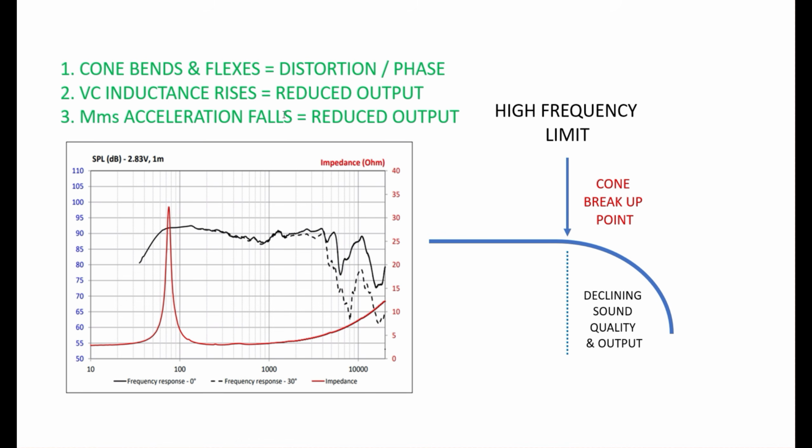The cone acceleration, or the moving mass acceleration, starts to fall off, and the cone bends and flexes, and we start getting all this beaming and distortion and other things kind of going on. So while it's not 100% clear on this graph, the cone breakup point for this speaker is somewhere in this area, right? Somewhere in there. So that's what we call the high frequency limit.